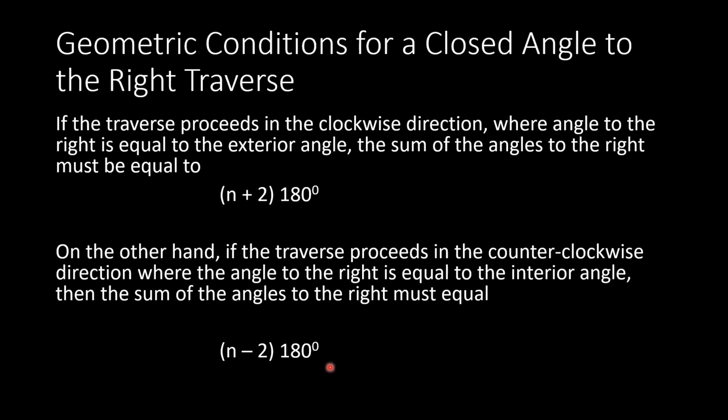In the event that the sum does not equal either, the first step is to adjust the angles to the right by getting the total discrepancy and distributing it equally among all the angles to the right or among all the traverse stations.